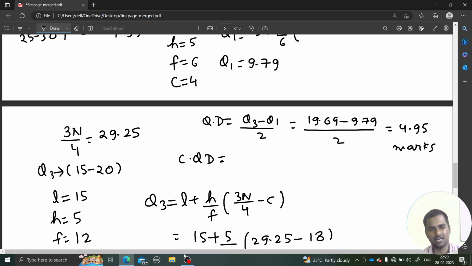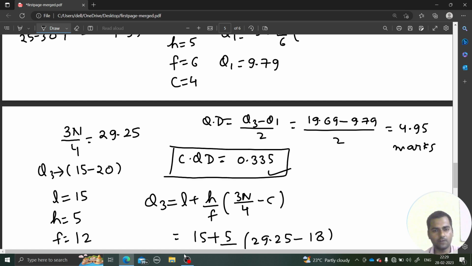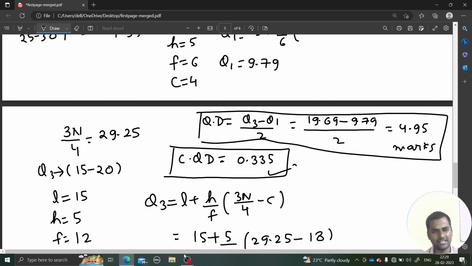So this Q3 minus Q1 divided by Q3 plus Q1 came out to be 0.335. So you found the coefficient of quartile deviation as well as the quartile deviation. The coefficient does not have units, because it's a ratio, so you will not have to deal with marks.